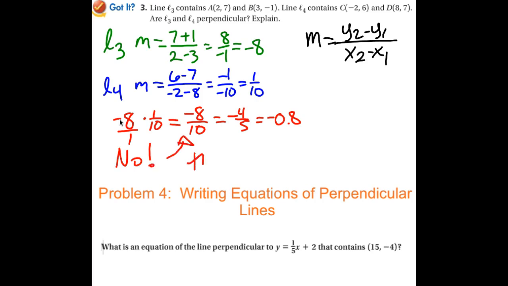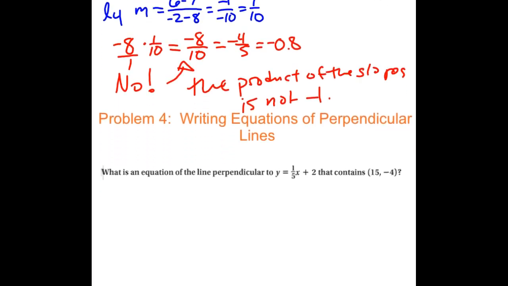If you write it out, you would say the product of the slopes is not -1.